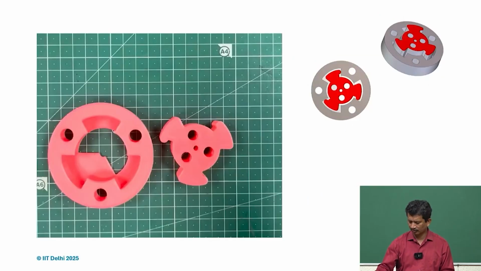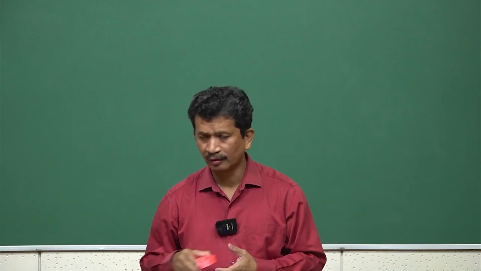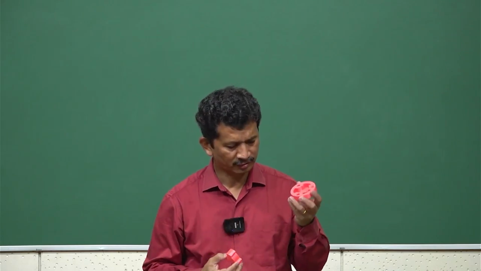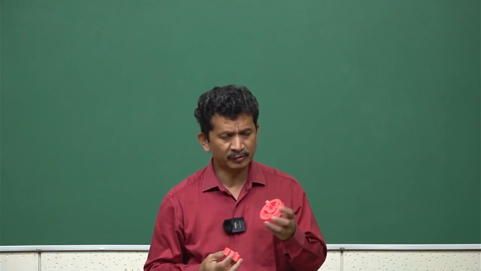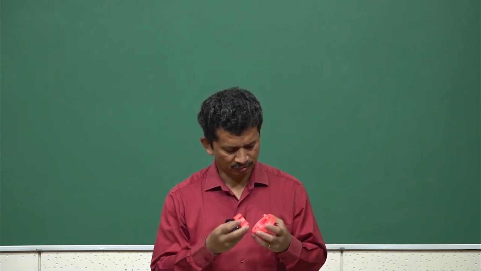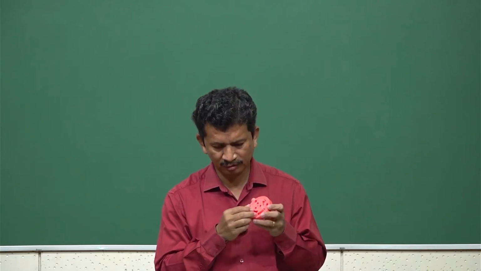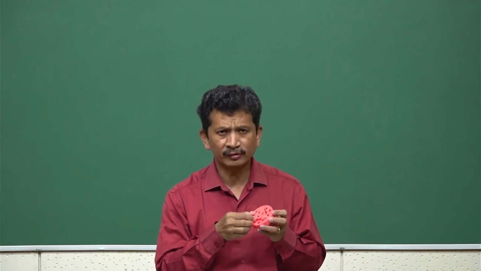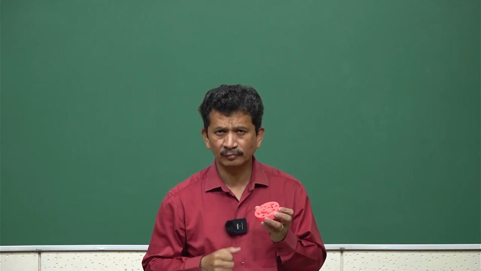So, we have one example here, and what you see here is I have just 3D printed the part, and yes, you can see a lot of clearance between the two.